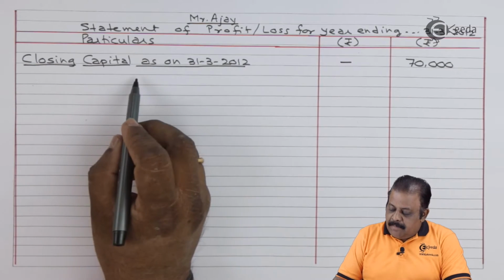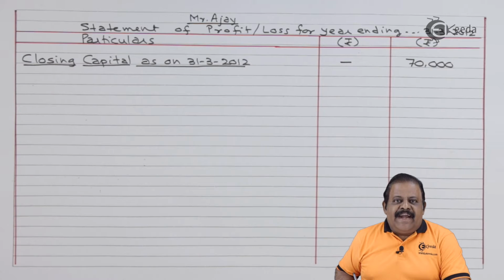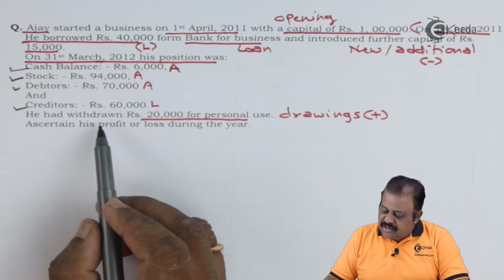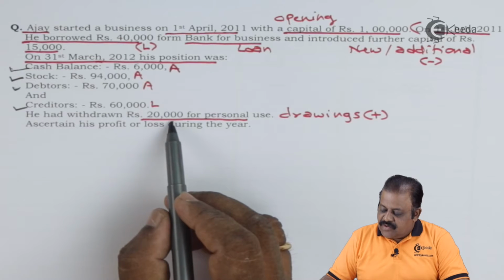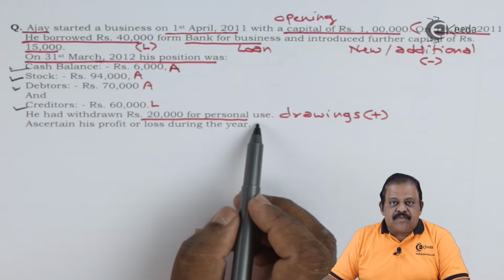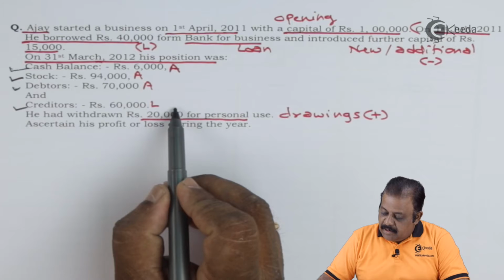To this closing capital, we are required to add any drawings made by the proprietor during the year. Here we have information: he had withdrawn 20,000 for personal use. This 20,000 will be added.